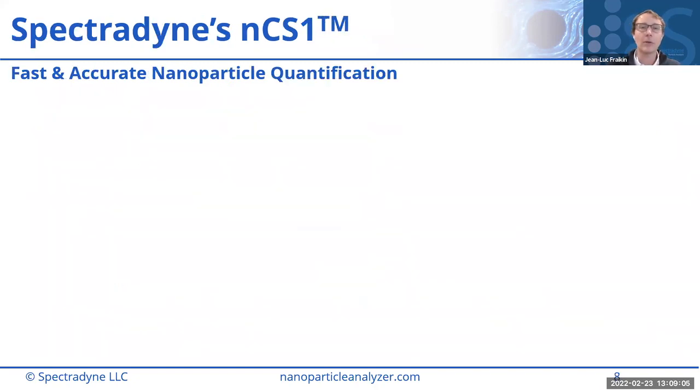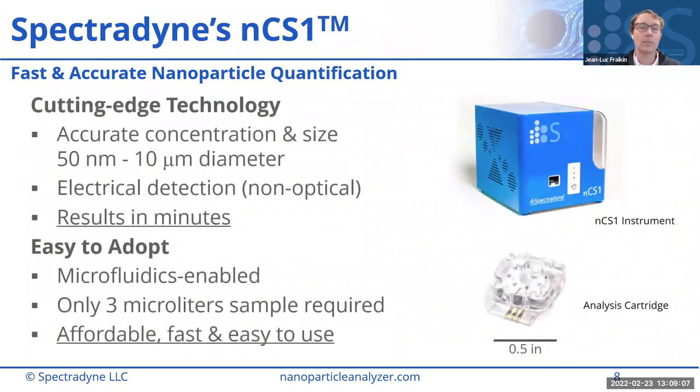Let me give a brief overview of this technology so we're on the same page about how it works. This is a picture of our product, the NCS1. It's a benchtop instrument. It's a pretty small footprint, about a foot wide. It measures concentration and size accurately, starting at about 50 nanometer particle diameter and all the way up to 10 microns in diameter. As I mentioned, it uses electrical detection, so it's a non-optical technique.